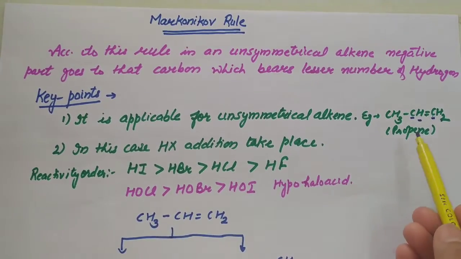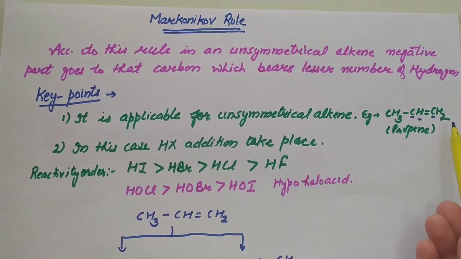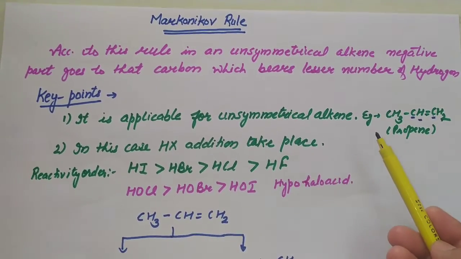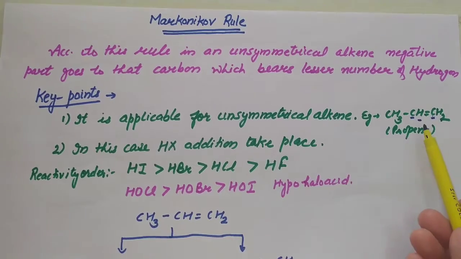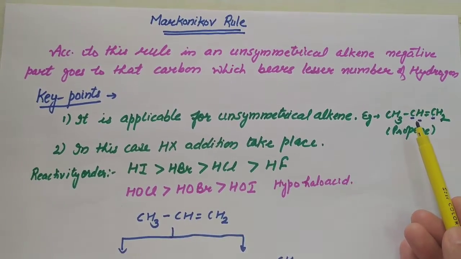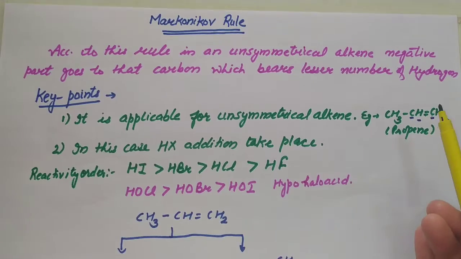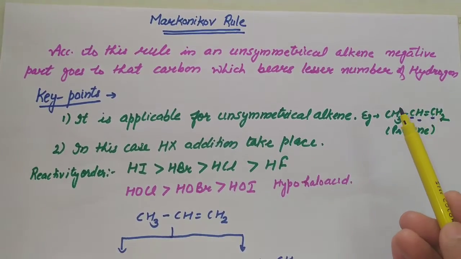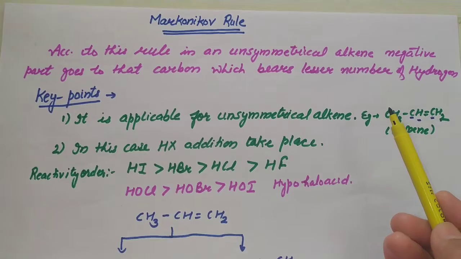H plus goes to that carbon which bears more hydrogen, and Br minus goes to that carbon which bears the lesser number of hydrogen. So Br goes to carbon number 2. This is the Markovnikov rule. This rule will be clear when I explain the mechanism.